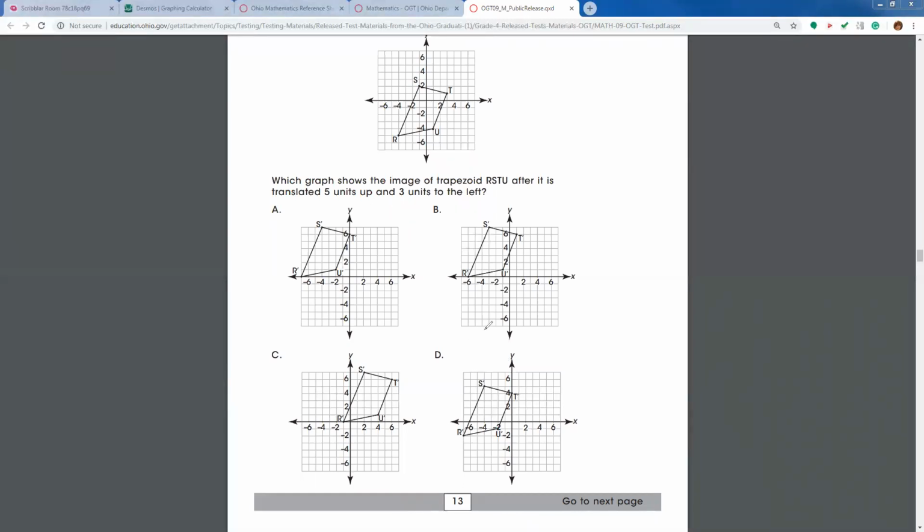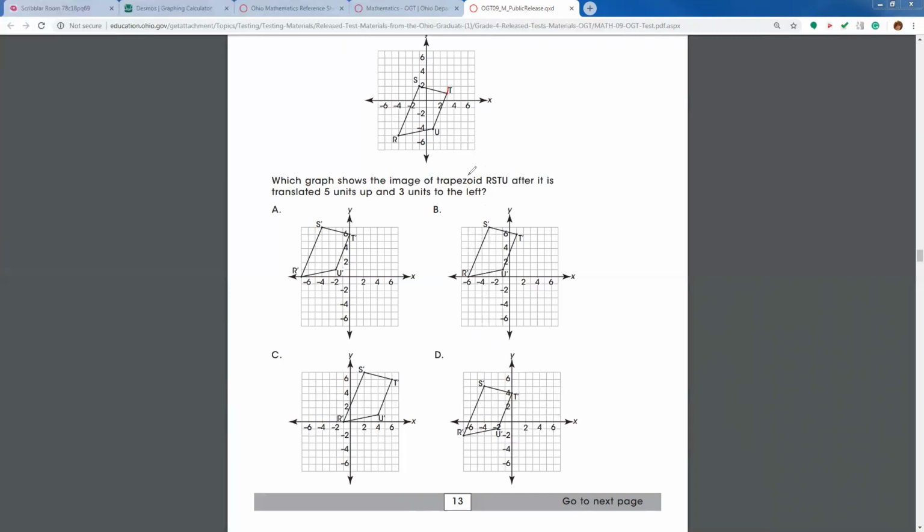So let's double check. Whenever I do a translation, I always just look at one of the corners. It's hard for me to focus on the entire shape. So if we focus on point T only, we want to just count 5 spaces up, 3 spaces left, and see where we end up.